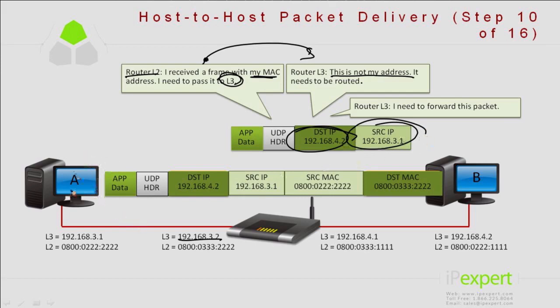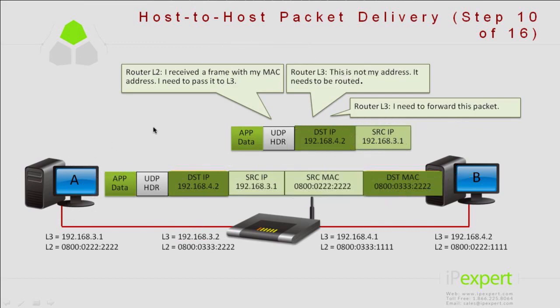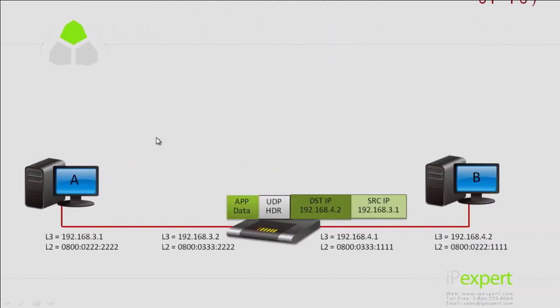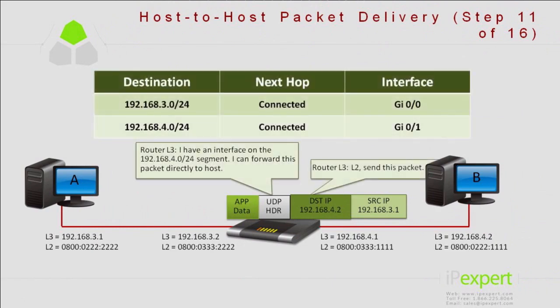That's exactly what's happening. The packet that was sent from A arrived on the router, it looked at it and made a determination. Once it pops everything off, it's going to determine that it is not the device that this particular packet was intended for. So let's take a look at the next step. On step 11, we look at our routing table. Remember, we're a router.